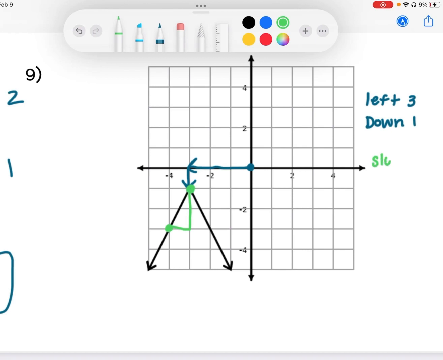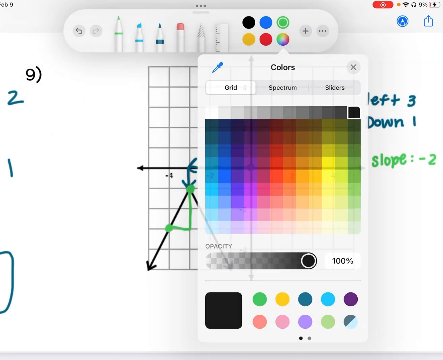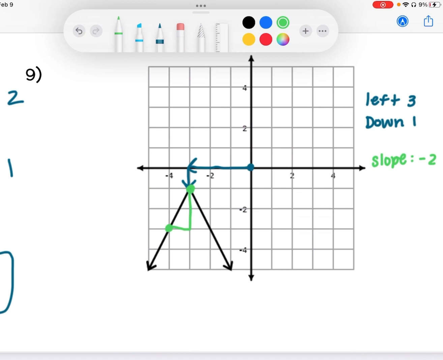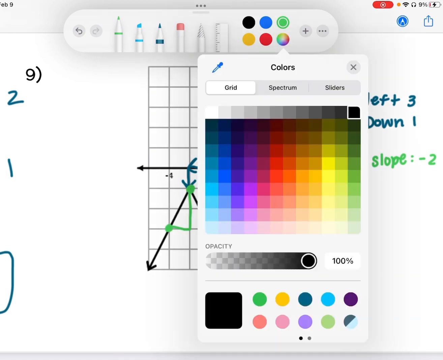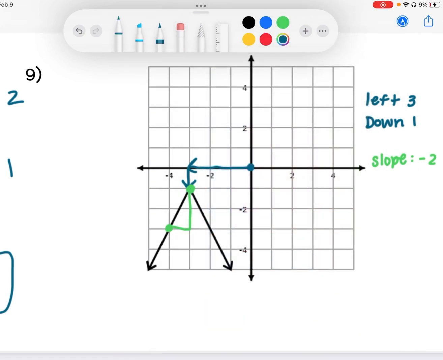So our slope would be -2 because we went down. All right, so if we write that equation, then our equation would be y equals, the slope goes out front, so -2, absolute value, x +3 because of that left 3 and then down 1.